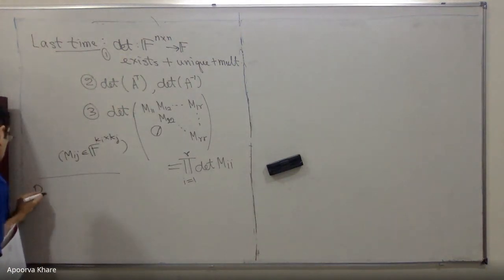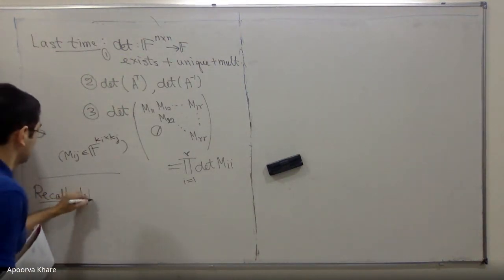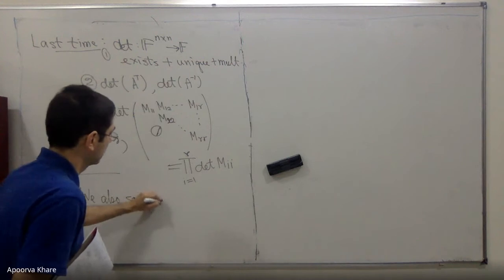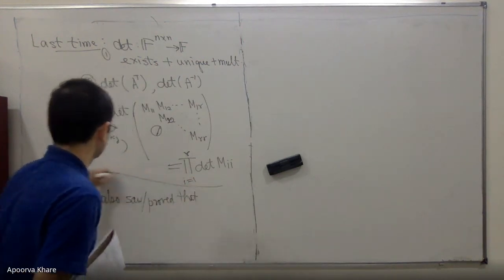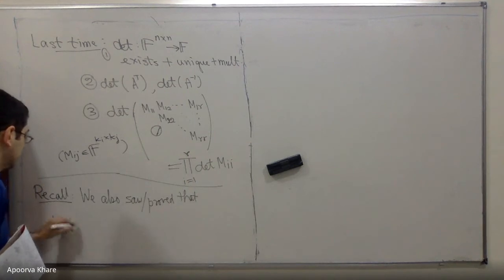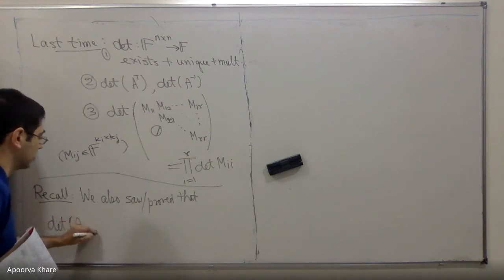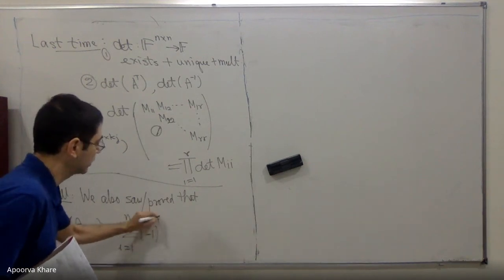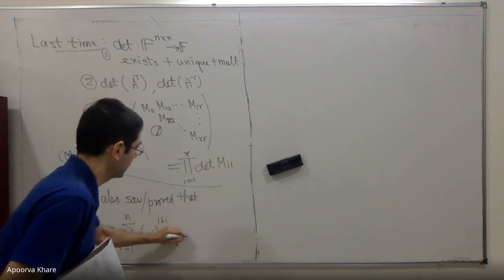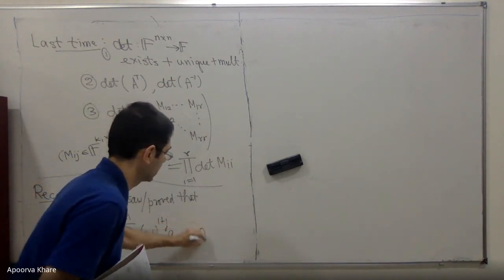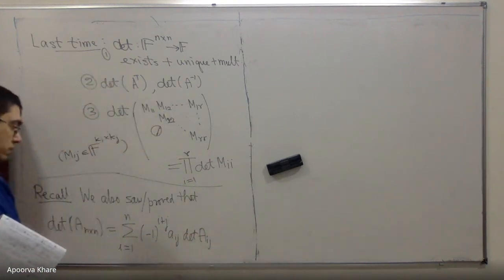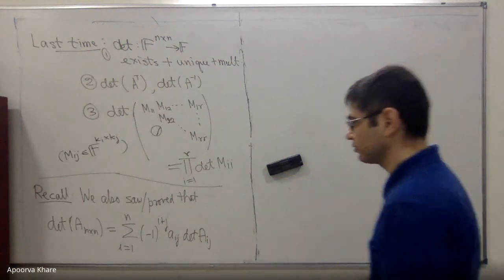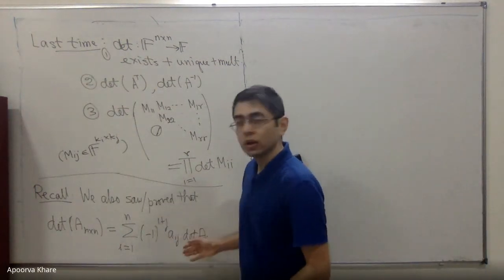So recall, we also saw, or in fact proved, by induction that the determinant of a matrix A, n cross n, is equal to the summation i goes from 1 to n, negative 1 to the i plus j, Aij, determinant of a smaller dimensional matrix, where these were the matrices capital Aij, where you remove the ith row and the jth column of capital A. Okay, so this was called the column expansion.